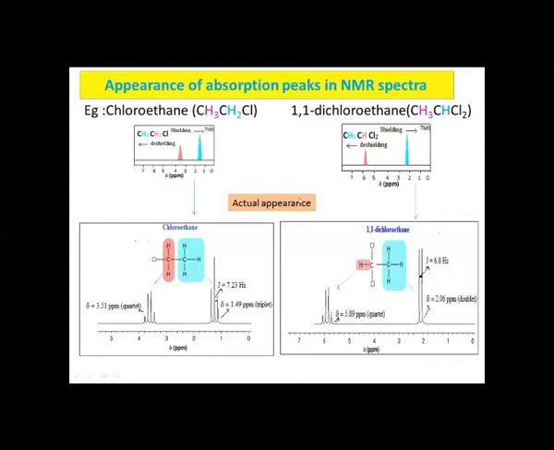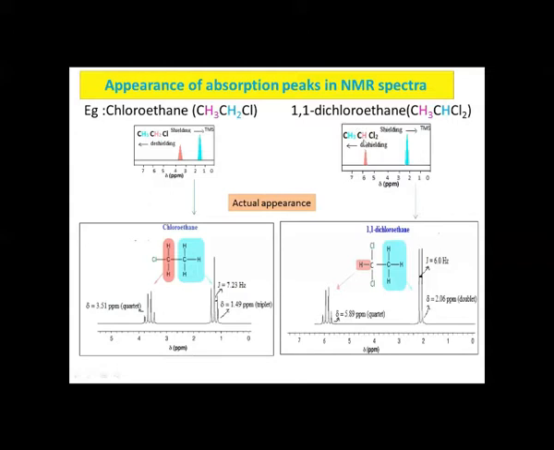Here is another example, 1,1-difluoroethane, and it differs in the positions of the signals when compared to chloroethane. The CH proton is further moved downfield as it is highly de-shielded. And the CH3 is shielded, and again it is found in the upfield position.